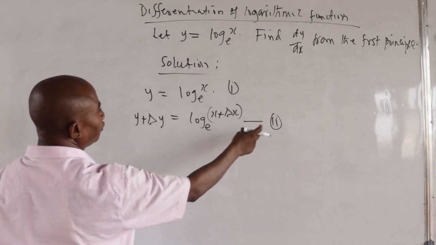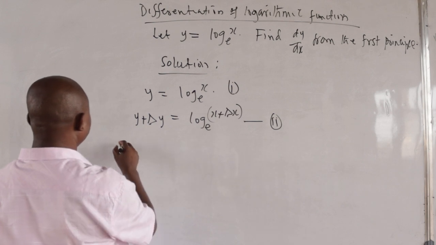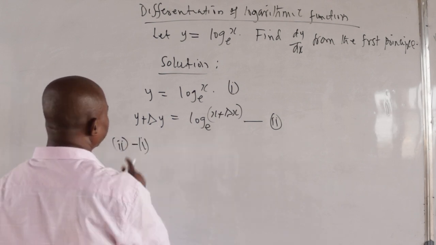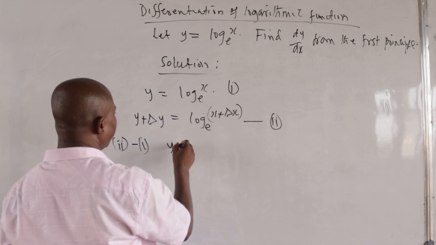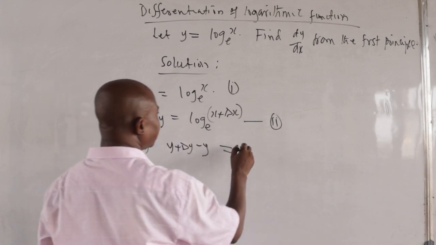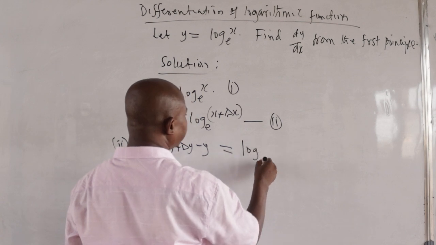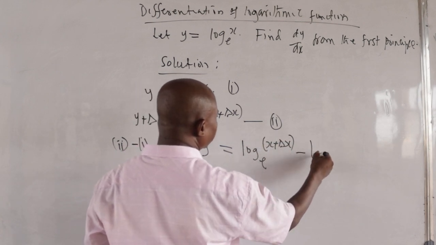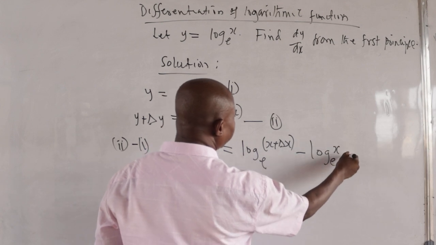So if we subtract 1 from 2, on the left hand side, y plus dy minus y is equal to, on the right hand side, log to base e of x plus change in x minus logarithm to base e of x.